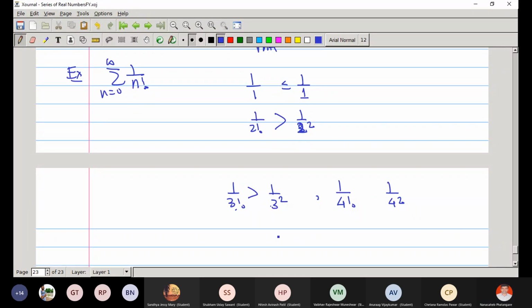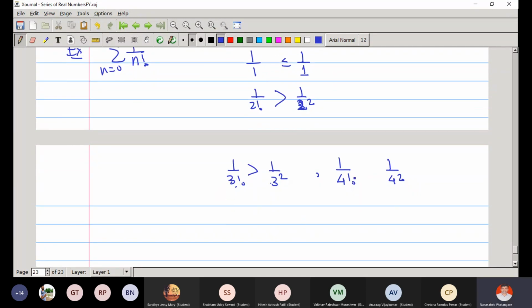Now 1 by 4 factorial and 1 upon 4 square, which is larger? And you observe that 1 upon n factorial is less than or equal to 1 by n square for all n greater than or equal to 4. From 4 onward this is true.